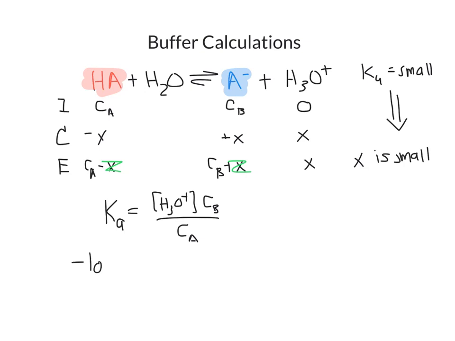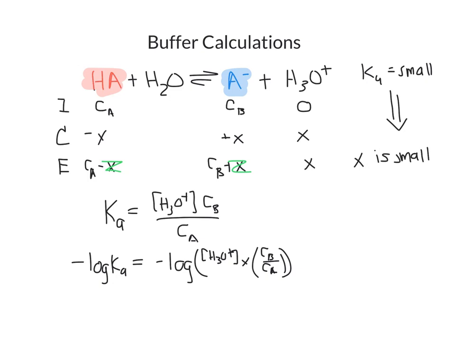So minus the log of the Ka is equal to minus the log of the H3O+ concentration times the concentration of the conjugate base divided by the concentration of the conjugate acid. I've written it this way on purpose because I'm going to isolate minus the log of the H3O+ concentration so that I have pH.